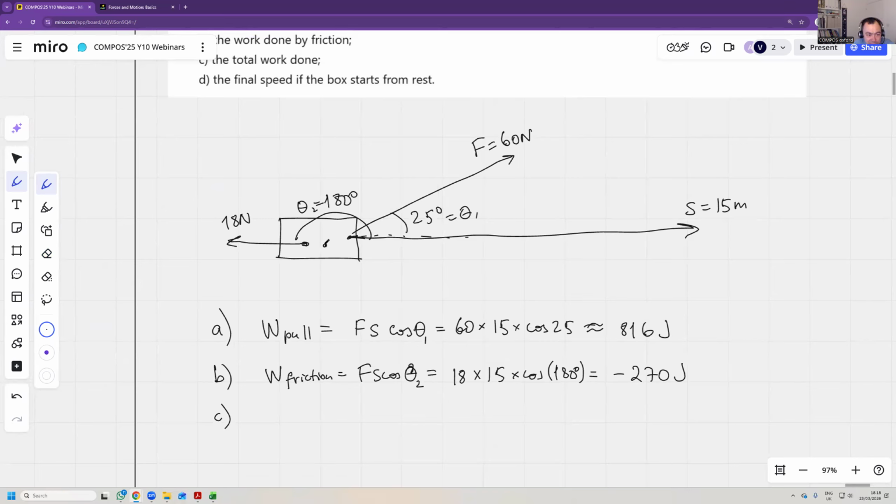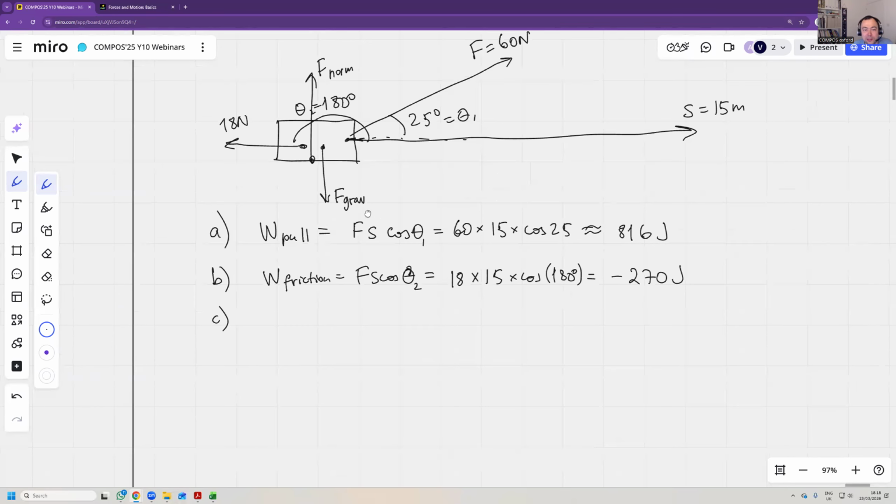Now the gravitational force is down, force of gravity. And the normal reaction force is from the ground, F normal. But in both cases, the angle is 90 degrees, right? If you see the gravitational force and the displacement S, the angle is 90 degrees.